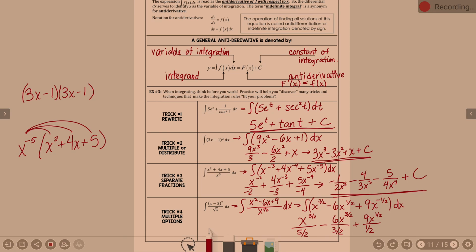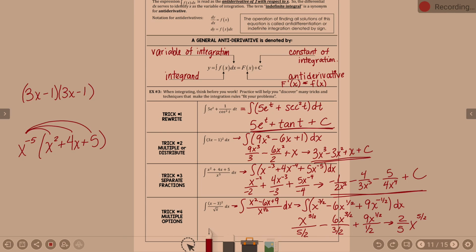Okay. X to the 5/2 divided by 5/2 is two-fifths x to the 5/2.